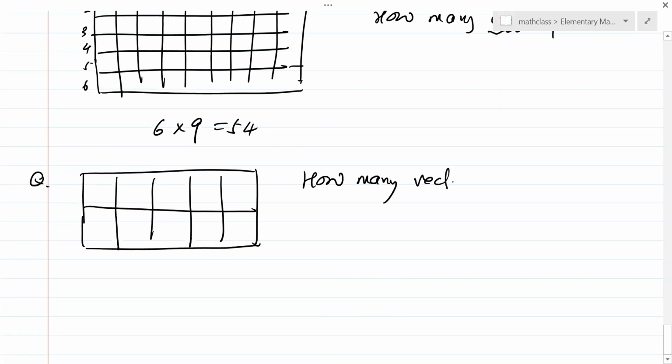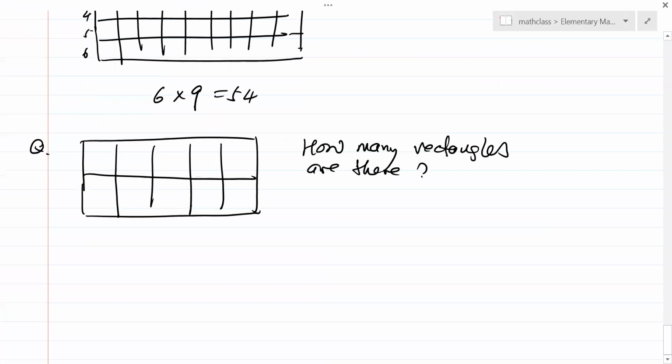How many rectangles are there? How many rectangles are there? Okay, let me draw the typical rectangle for you. When you count them, this is a rectangle.